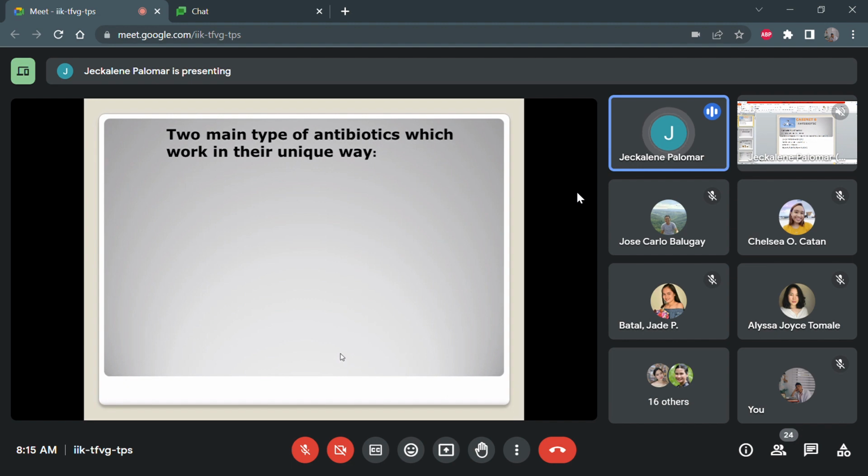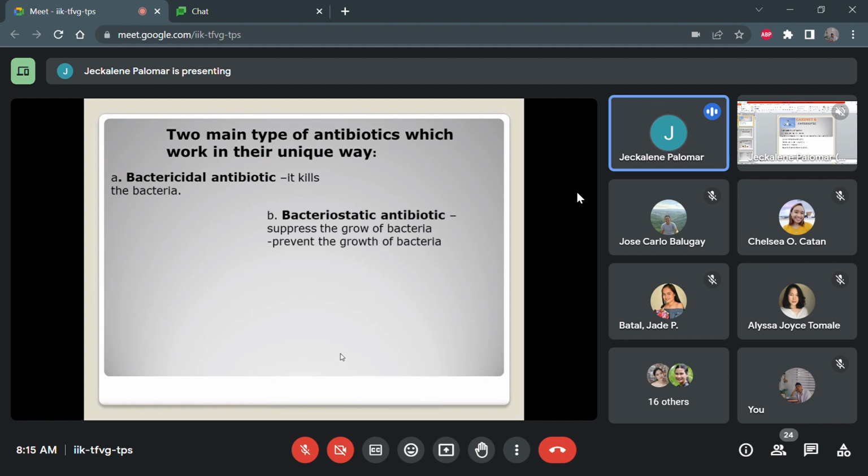They work in their unique ways. The first one is bactericidal antibiotic, which means it kills the bacteria. And number two, bacteriostatic antibiotic, which suppresses the growth of bacteria.